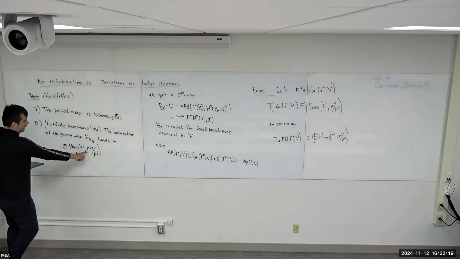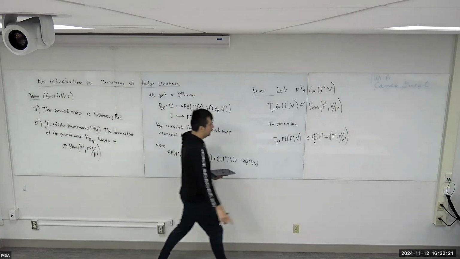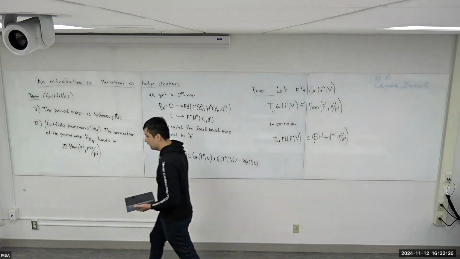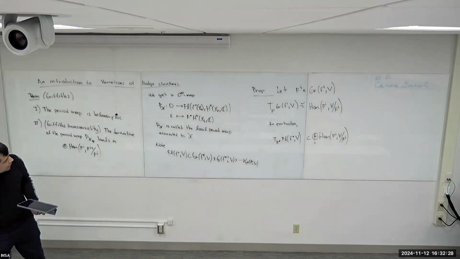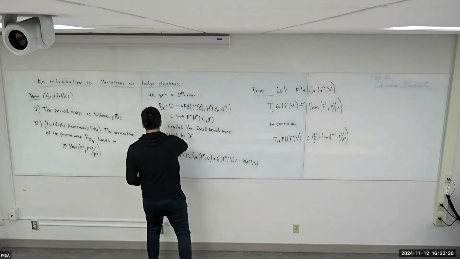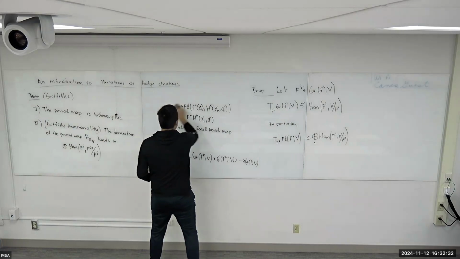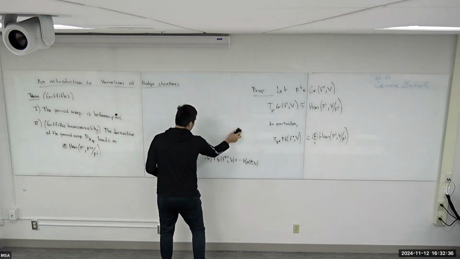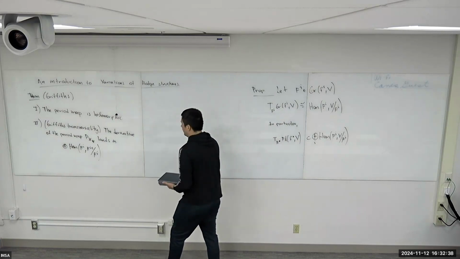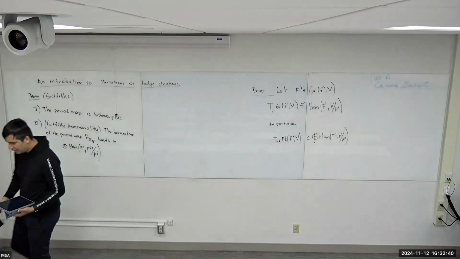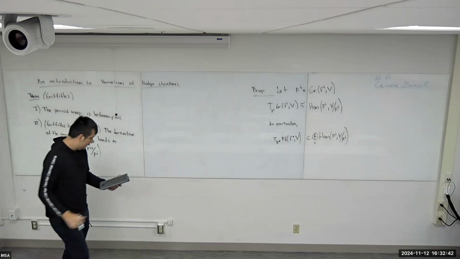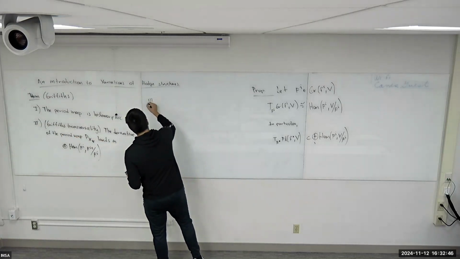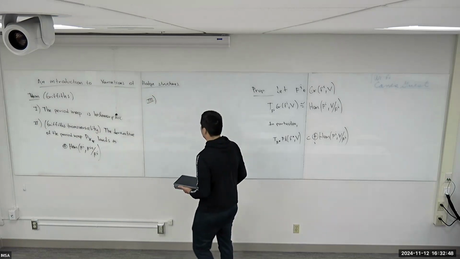So it will not land in the whole V, but just a smaller vector space. And so this will allow us to identify the derivative of the period mapping, at least in the graded part.